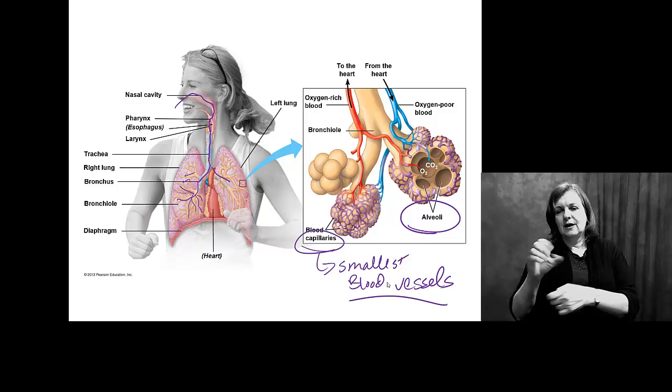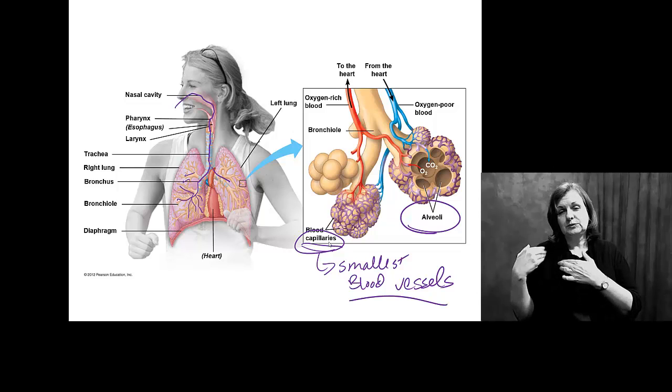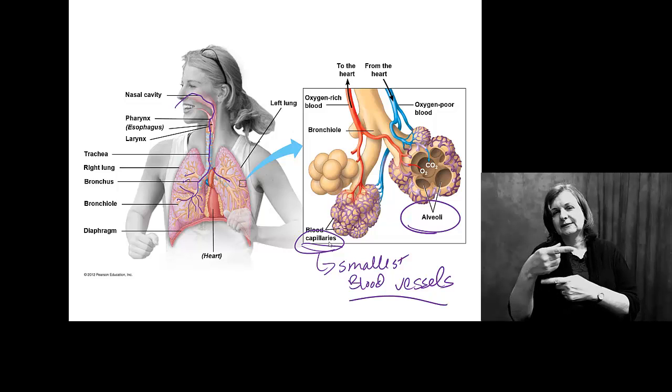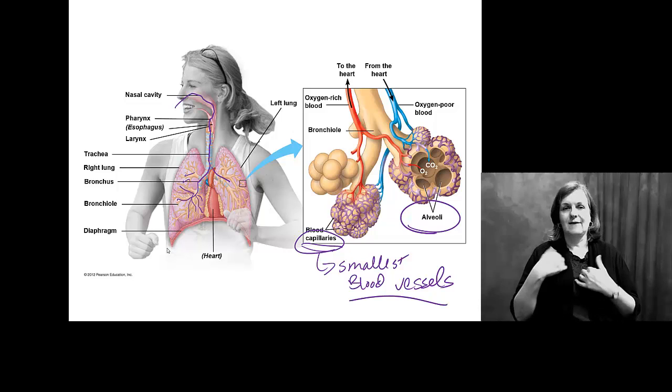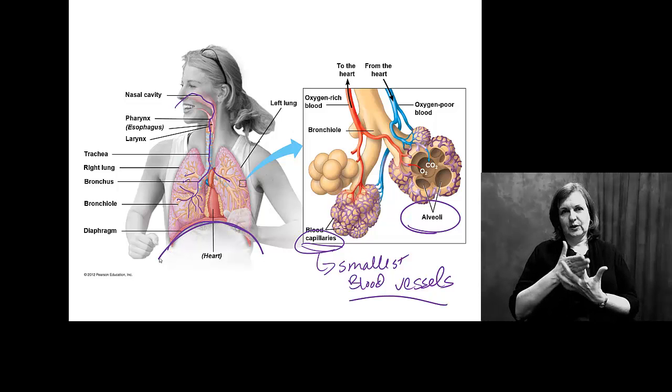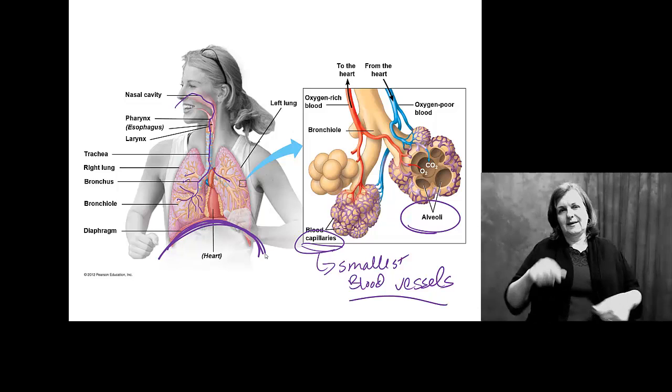Not only at the alveoli, but they will be also responsible for exchanging oxygen and carbon dioxide at your tissues themselves. Your heart sits in between your lungs. And the diaphragm, that muscular structure we were talking about, is this dome right here.